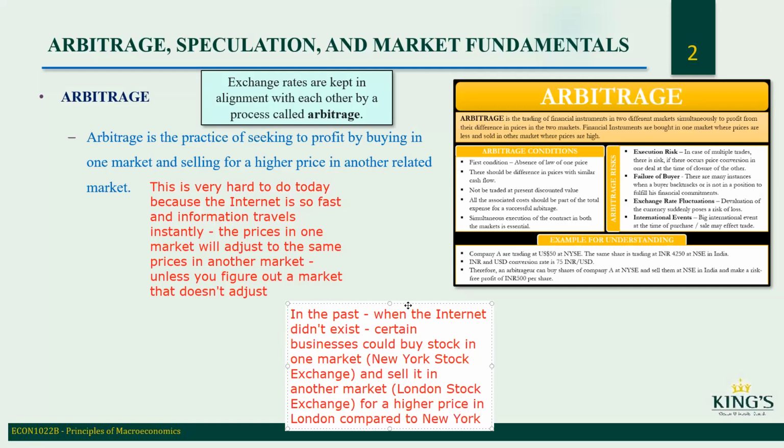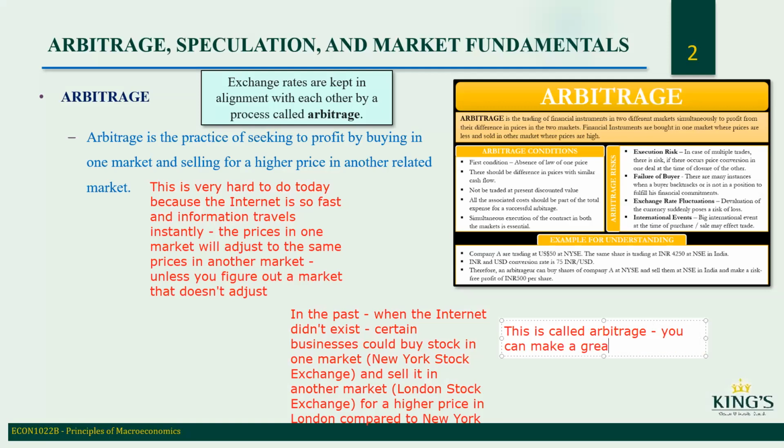So that's what they call arbitrage. You can make a great fortune doing this if you can figure out two markets that have two different prices for the same thing.